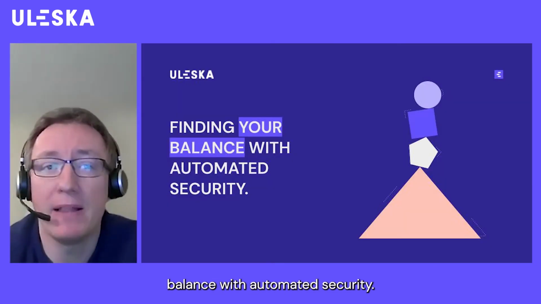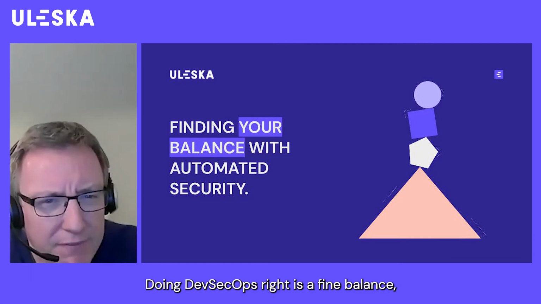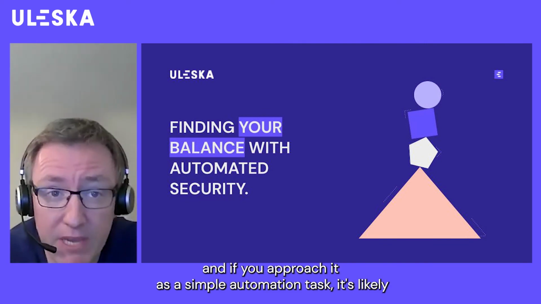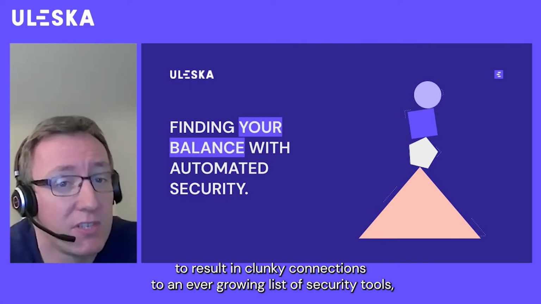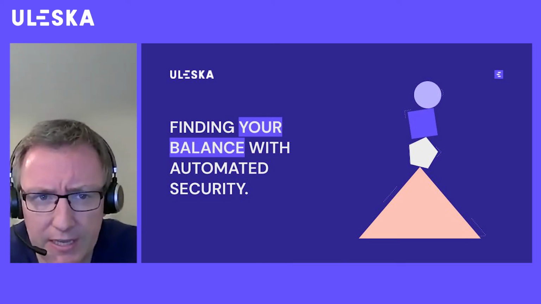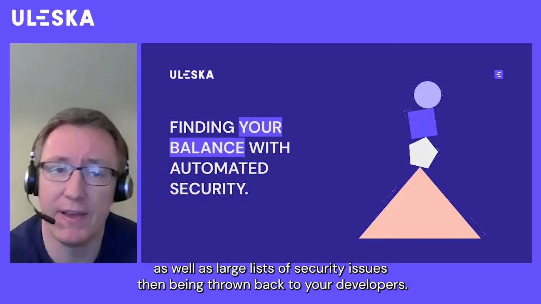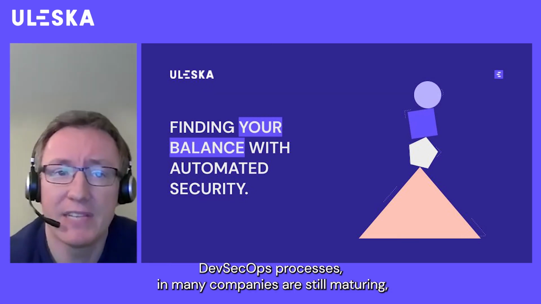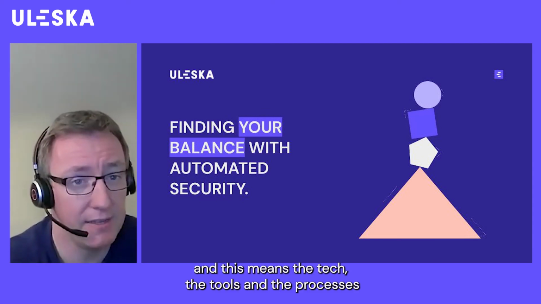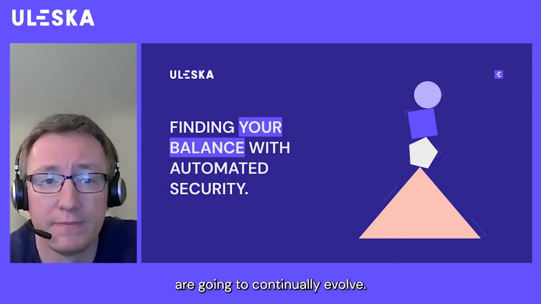You've got to find your balance with automated security. Doing DevSecOps right is a fine balance. And if you approach it as a simple automation task, it's likely to result in clunky connections to an ever-growing list of security tools, as well as large lists of security issues then being thrown back to your developers. The DevSecOps processes in many companies are still maturing, and this means the tech, the tools, and the processes are going to continually evolve.